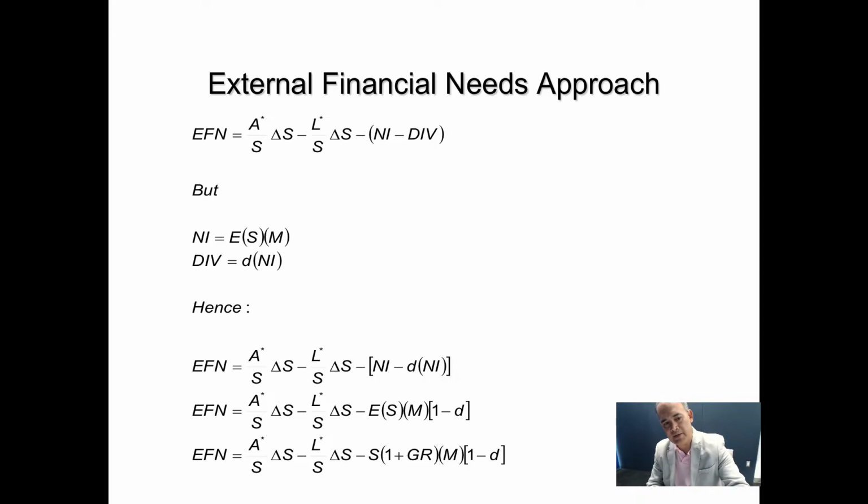If we replace these two equivalents in our last formula, the external financial needs can be expressed as my spontaneous assets, minus my spontaneous liabilities, minus my level of sales times 1 plus the growth rate of sales, times the profit margin, and times 1 minus the dividend payout.